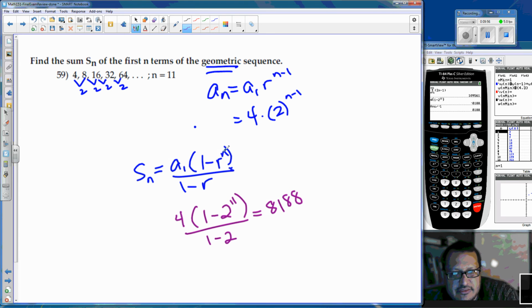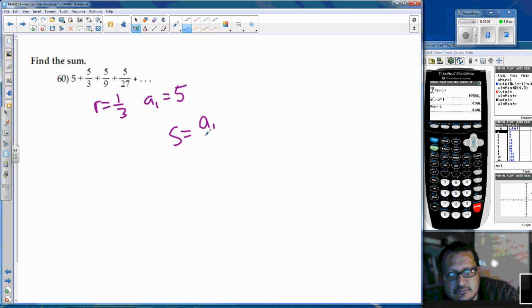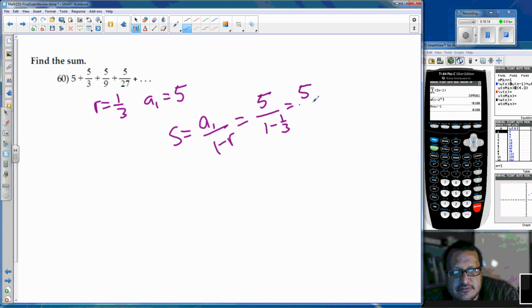If r is less than 1, r to the n is going to get really, really small, so this just goes to 0. So then we're just left with a sub 1 over 1 minus r. So that's 5 over 1 minus 1/3, which is 5 over 2/3, which is 5 times 3 halves, which is 15 halves.